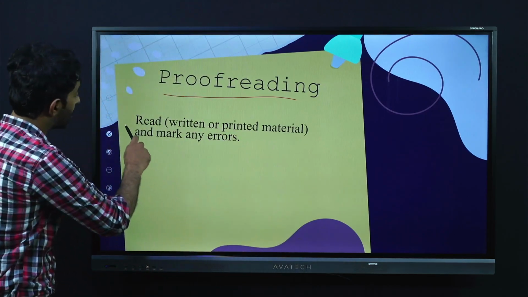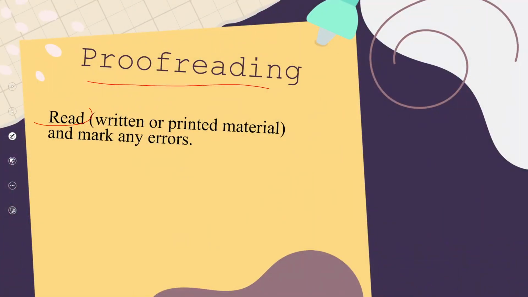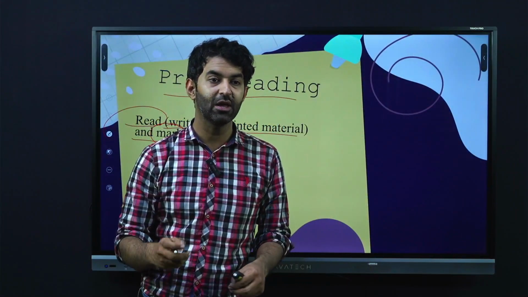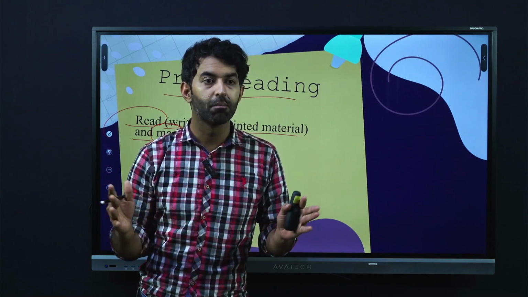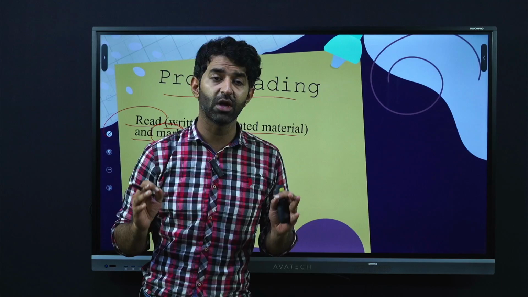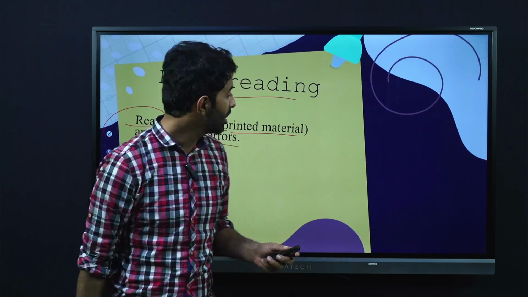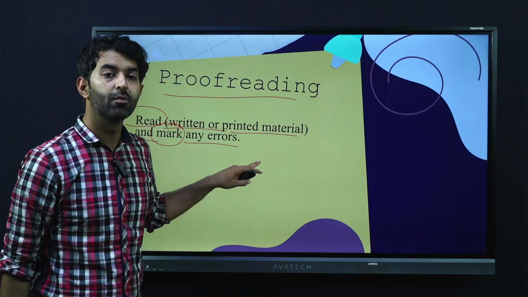Now, proofreading means to read written or printed material and mark any errors. So, of course, we need a pen, we need something to mark our mistakes so that we can correct them. This is what we call proofreading.